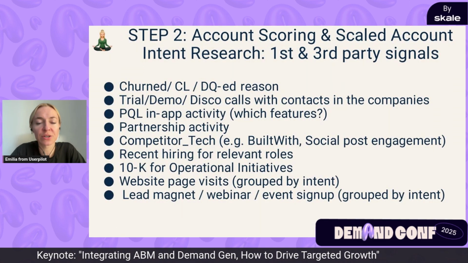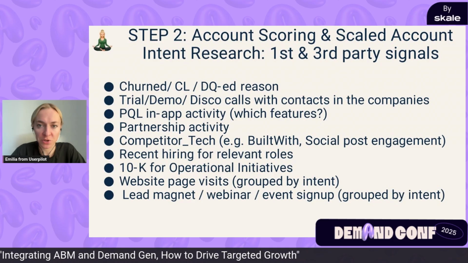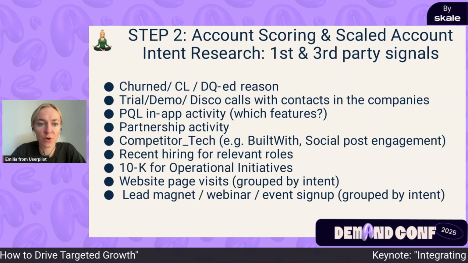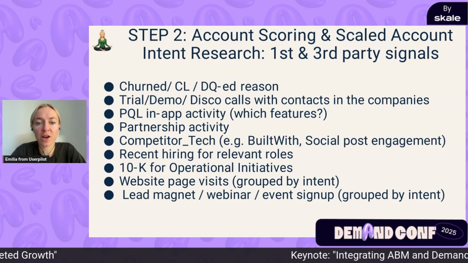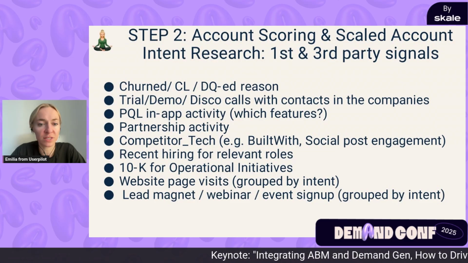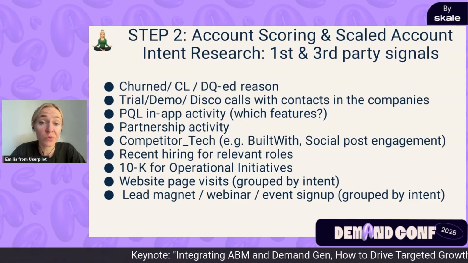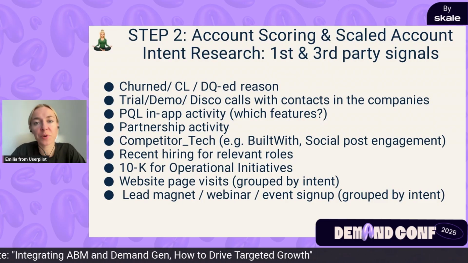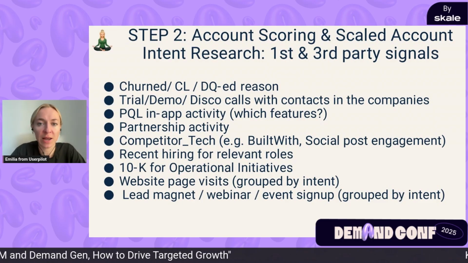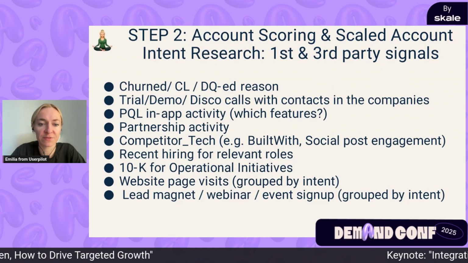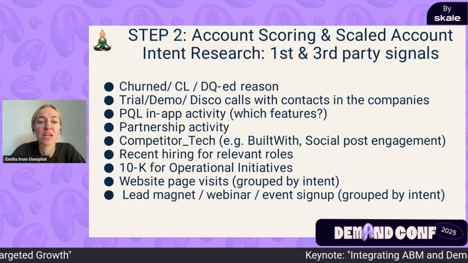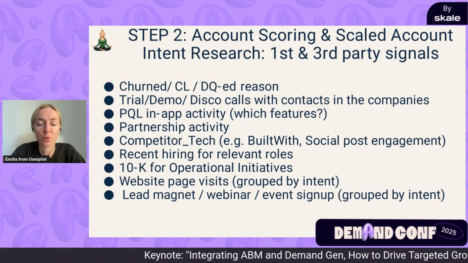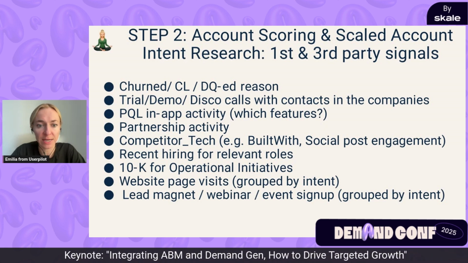Okay, so here are still, I forgot to mention some signals that we use for account scoring. We look if the accounts were previously in the sales process. We look at trial, demo, disco calls that happened previously, so any former MQLs. We look at previous PQLs, so the accounts that signed up for the trial, what was their activity, any partnership activity, any competitors used, we use BuiltWith, and social posts engagement to gauge that.